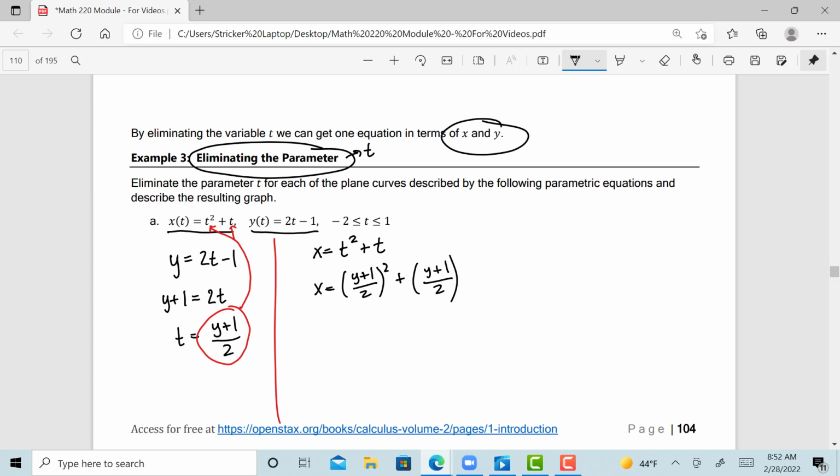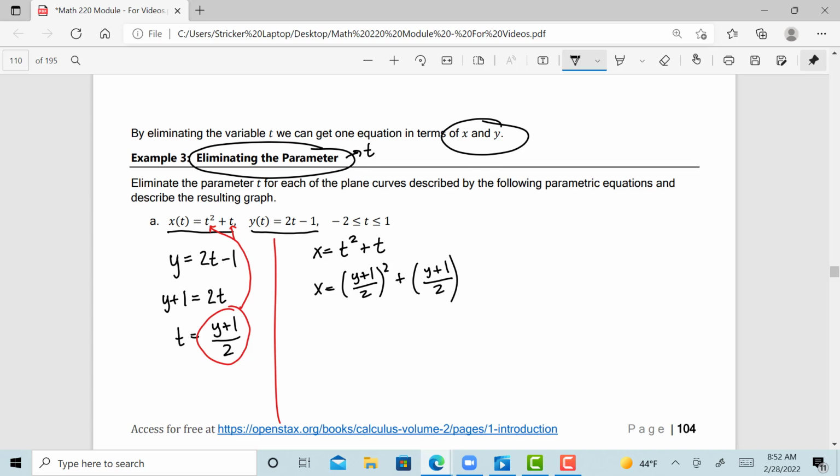You could, I suppose, stop there, but it sure would be nice to get this into something that looks a little bit better, something that we can more easily recognize, because right now I can't really recognize what type of equation this is. I might have the idea that it's quadratic because you can see a squared and you see y, so we're going to for sure have a y squared. But let's see if we can simplify this just a bit.